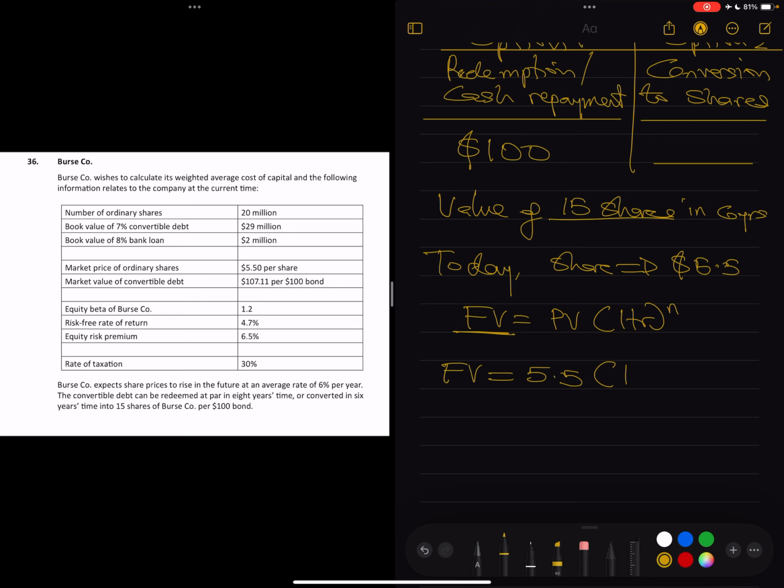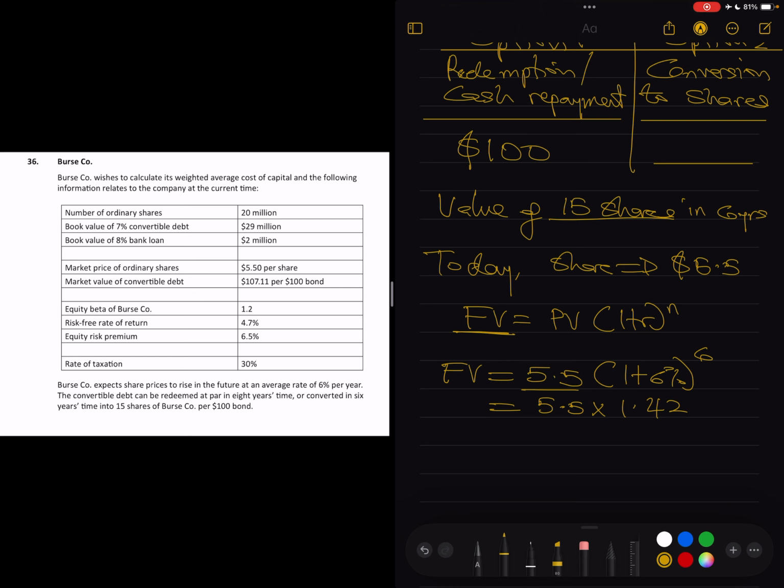Then we'll grow this present value at 6% for 6 years. N is 6, so 6 years. So when we do that, 1.06 raised to power 6. That gives 1.41, so this equals 5.5 multiplied by 1.42 times 5.5.